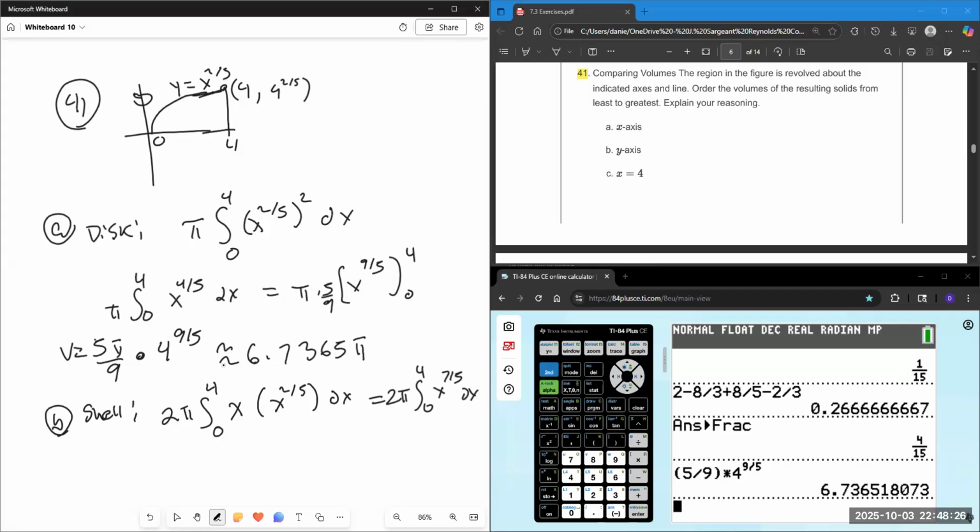So this is 2 pi x to the 12/5 times 5/12, which is 5 pi over 6 times, this is 0 to 4, it's 4 to the 12/5.